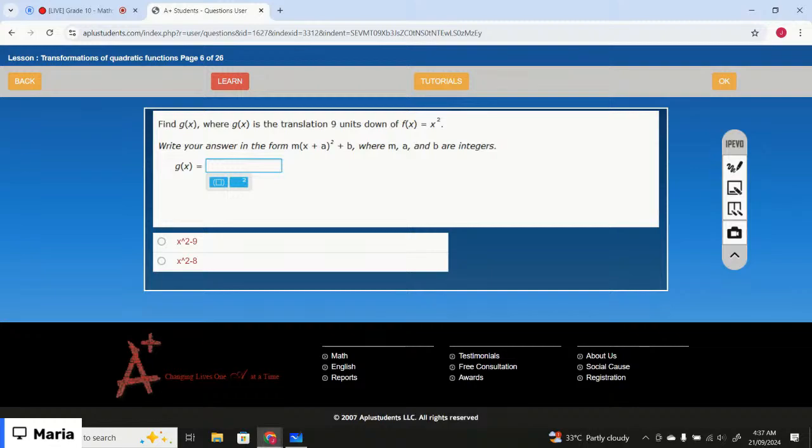Find g of x where g of x is the translation 9 units down of f of x equals x squared. So which is the correct option?